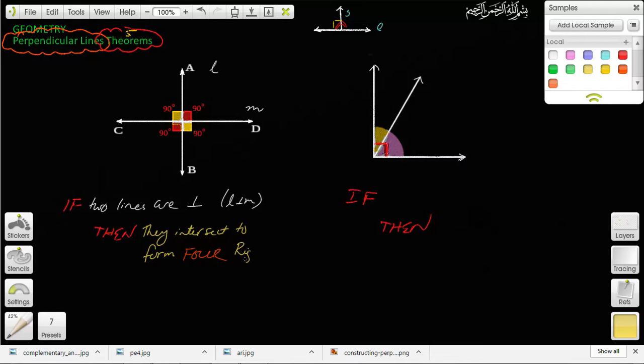I'm going to spell it out. Right angles. They intersect to form 4 right angles.